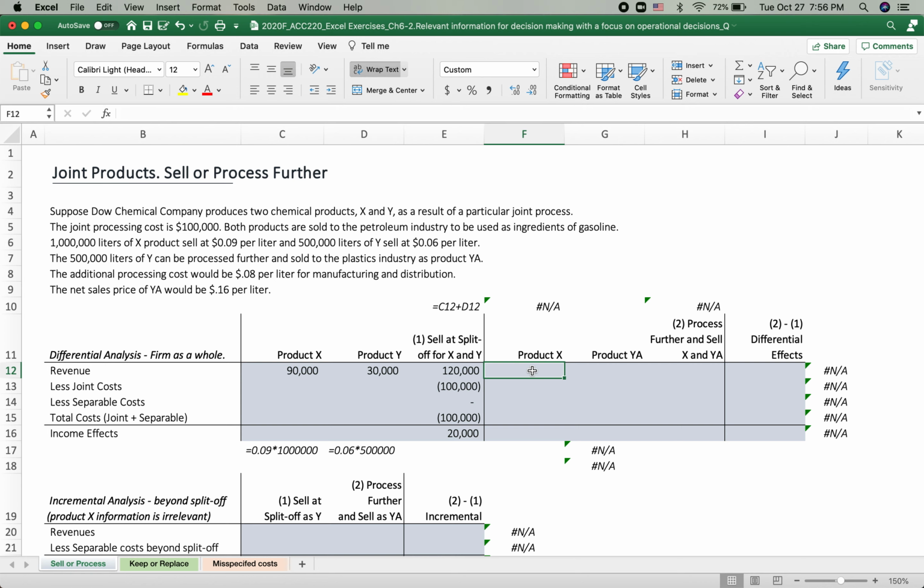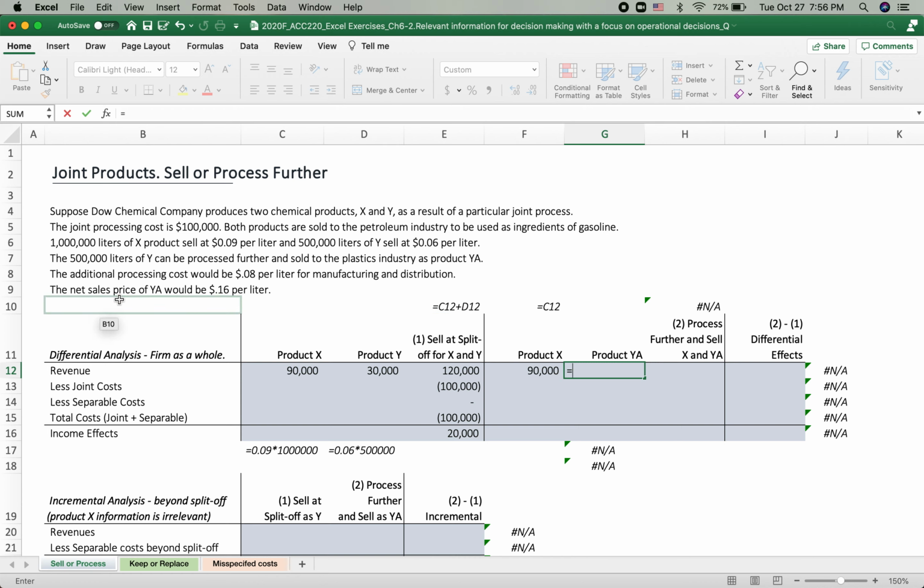Then the product X is the same because we are not processing further for product X. And then product YA, how much is that? Right, here you go. If we process further, now the net sales price of YA product would be 16 cents per liter.